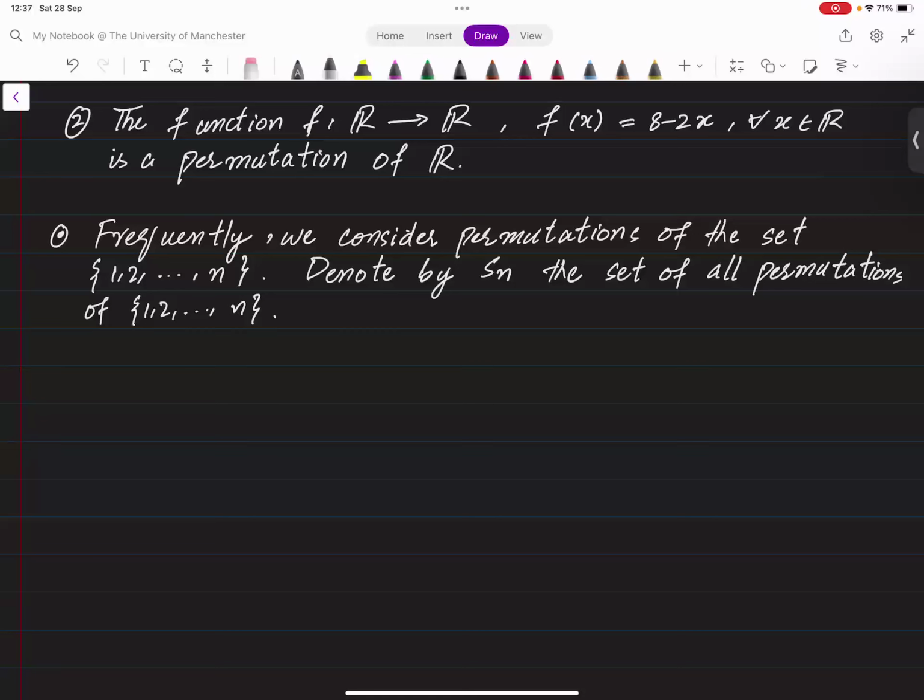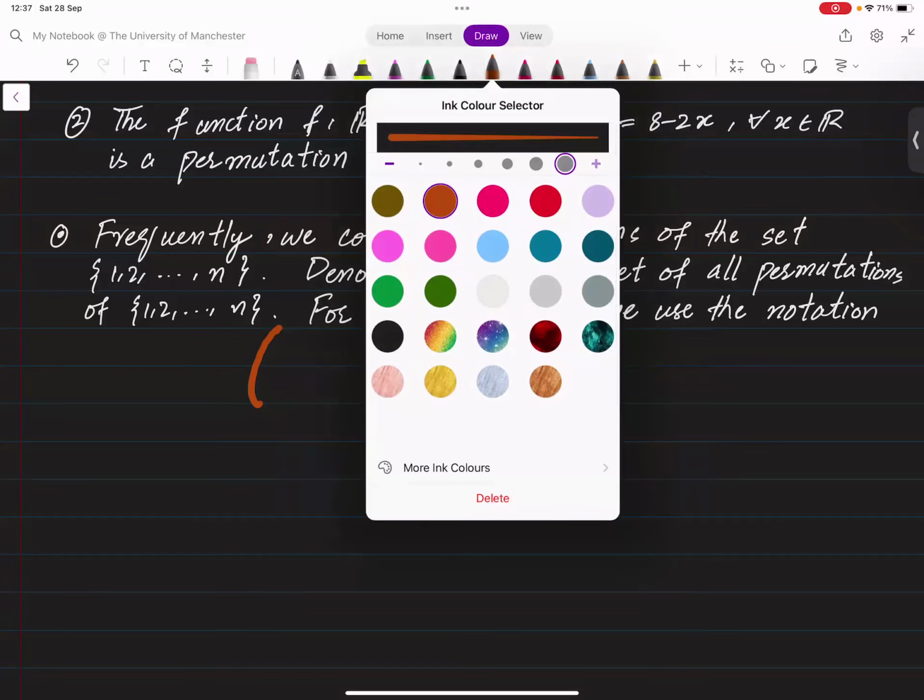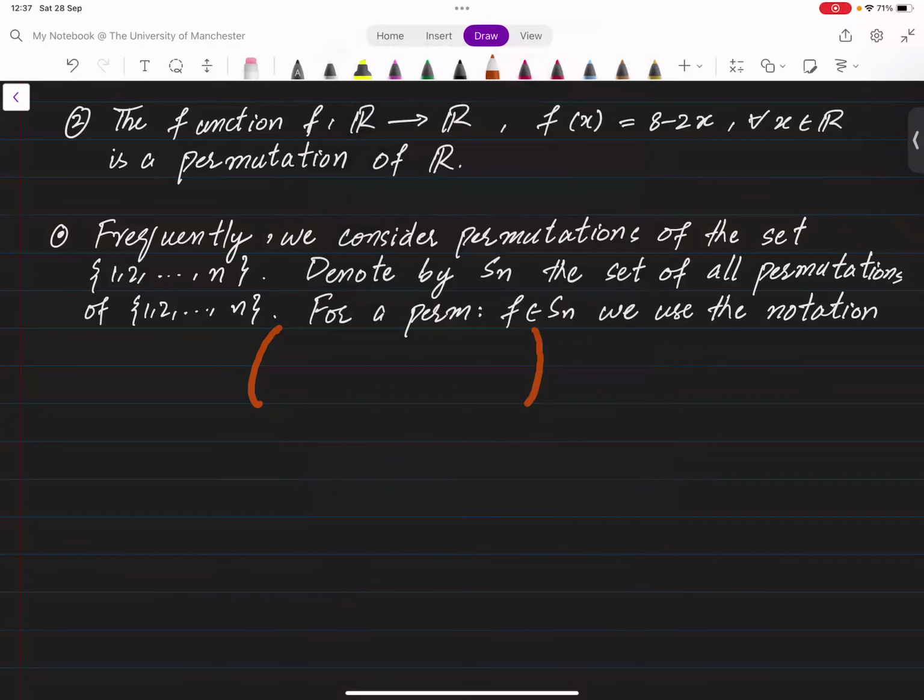Now, for a permutation f inside Sn, we use the notation that we have 1, 2 up to n, and then we have f of 1, f of 2 up to f of n, to describe f.